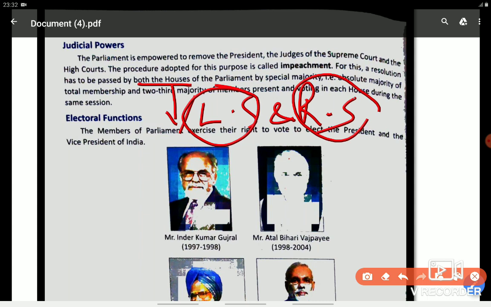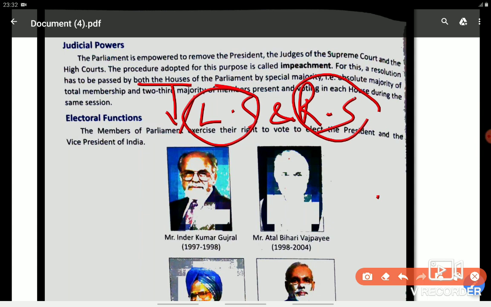When I was discussing sessions, I told you Parliament has mainly 3 sessions. And this resolution has to be passed in the same session. For example, if it has been presented in summer, then it has to be passed in the same session. So this is all about the judicial powers of Union Parliament.